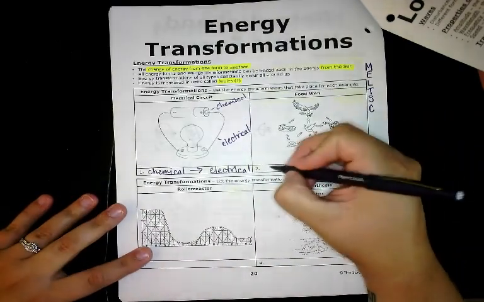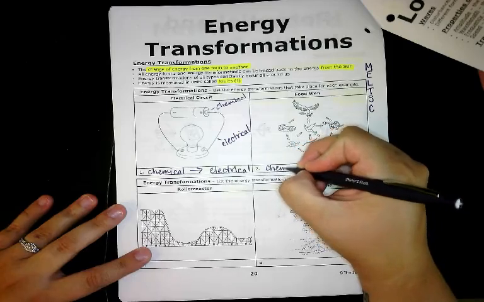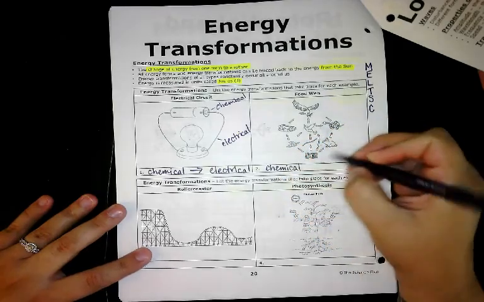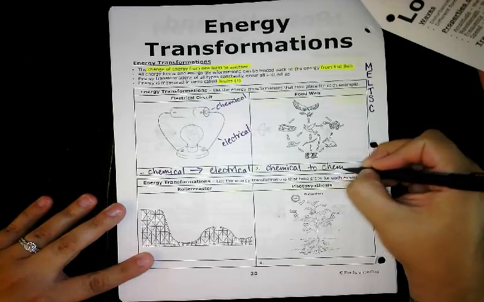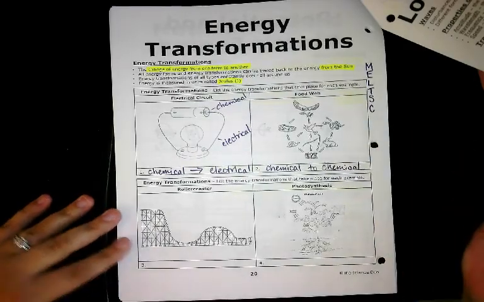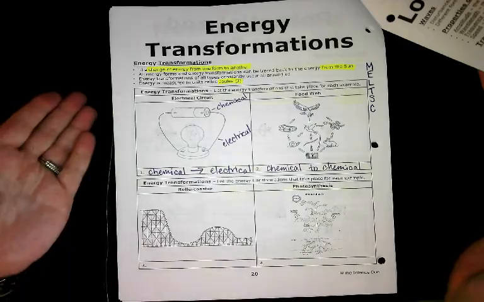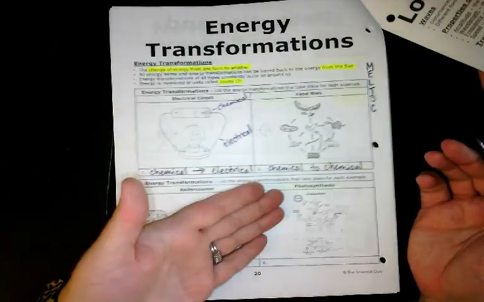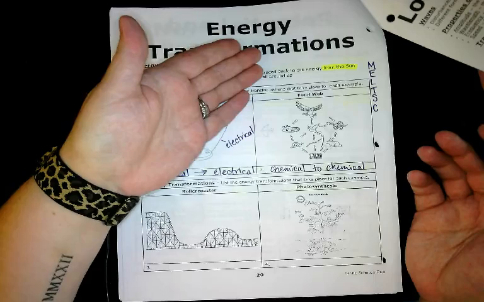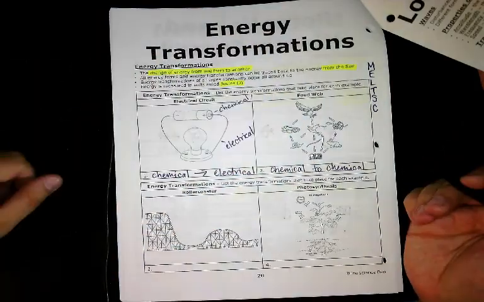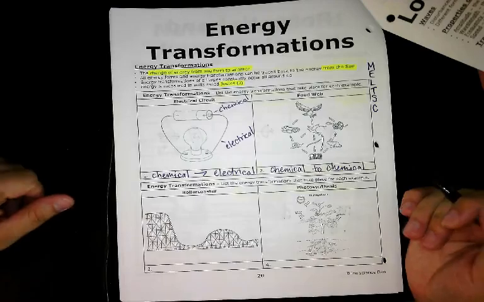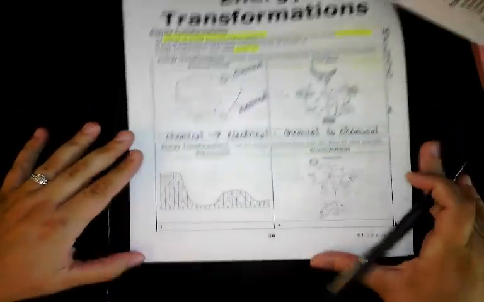So this is all chemical to chemical. You could say it's also chemical to mechanical, because you have to eat things in order to be able to move, and these animals are using that chemical energy to do their daily lives. So that is another example.